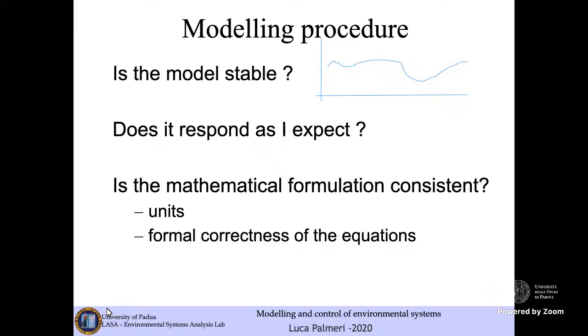A non-stable model, on the contrary, let me see if I can change the color.